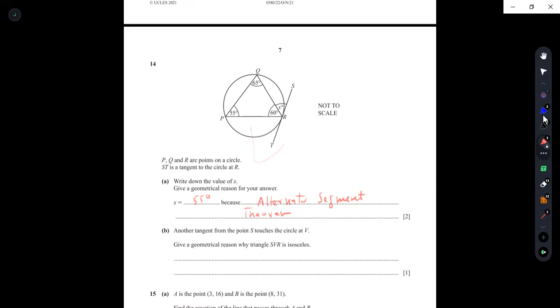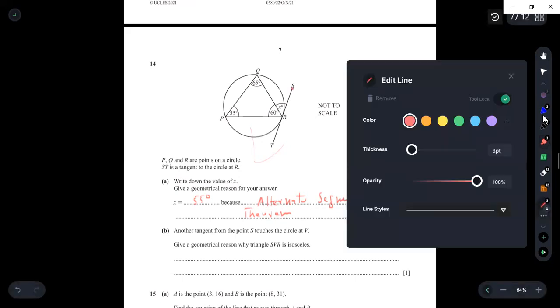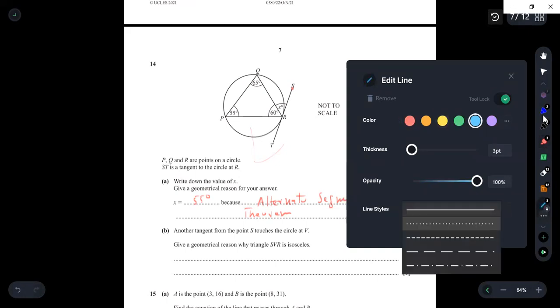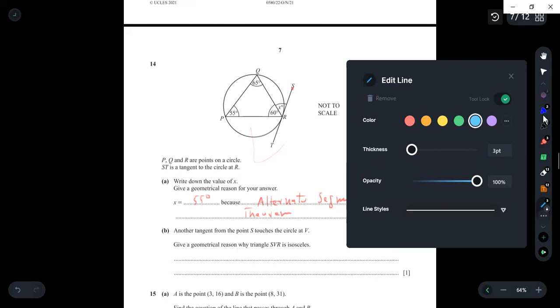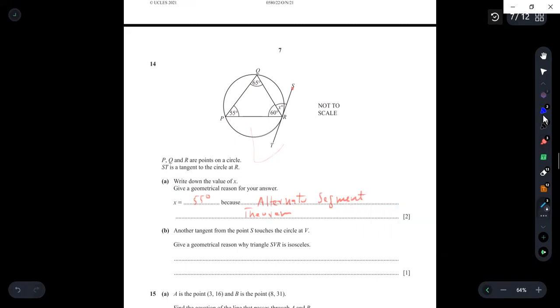So from point S, if we take another tangent, roughly we can take it like this. It will meet the circle somewhere, not necessarily at Q, but it may be anywhere. And we are told that it will meet at V. We can label that point. Suppose it is meeting here.